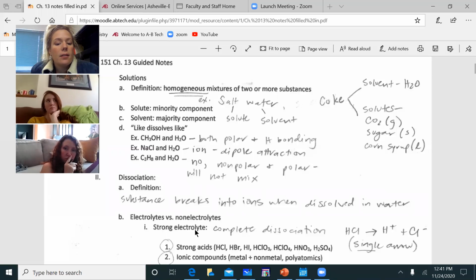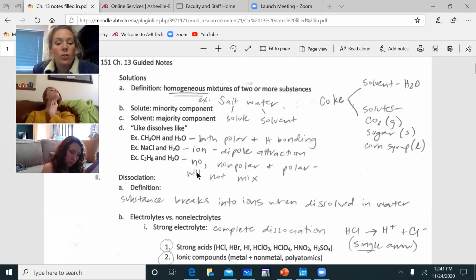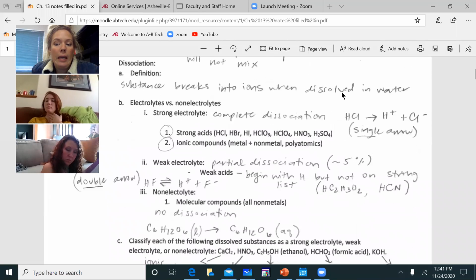Anything that's considered a strong electrolyte solution, HCl, NaCl, so strong acids or certain salts, will have a complete dissociation.